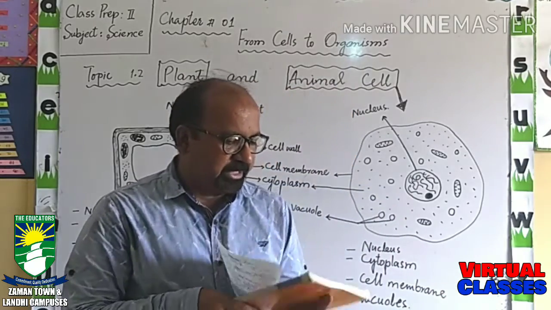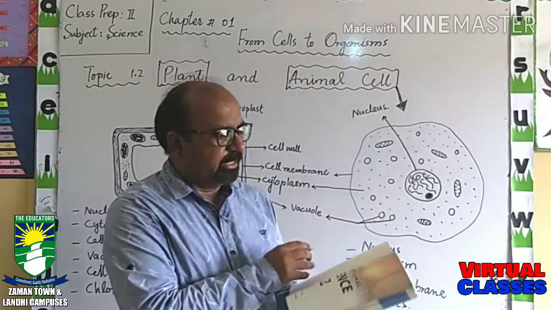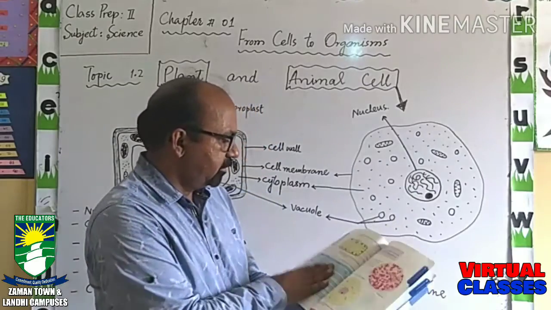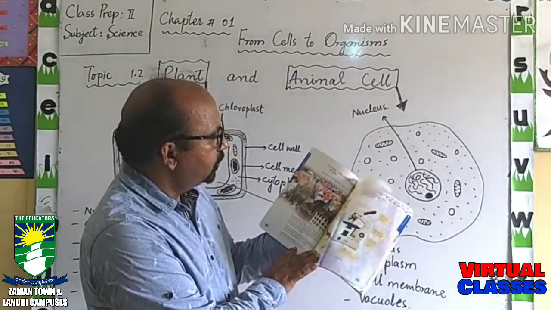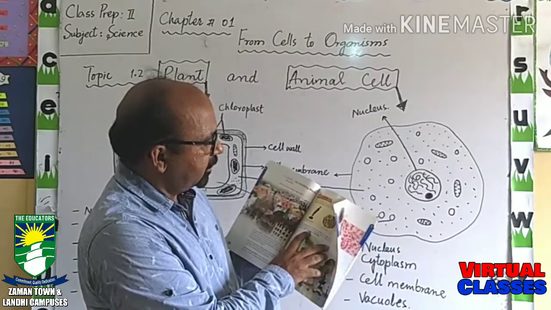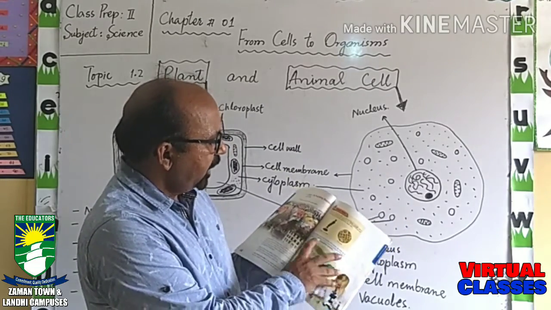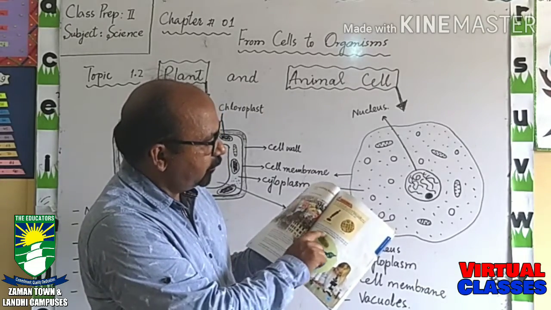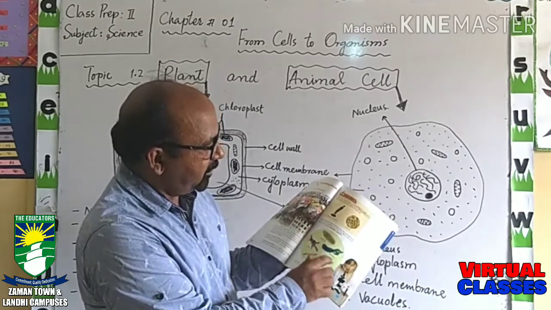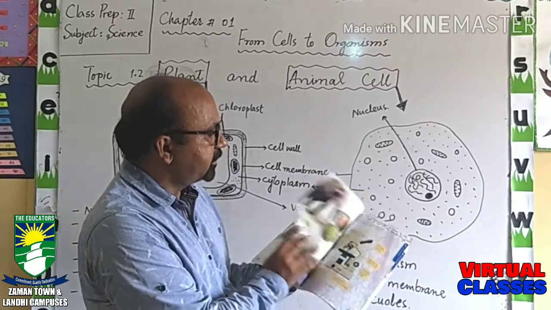The first definition is cell, and it is present on page number 2. The second definition is unicellular organism, and it is present on page number 3. Examples of unicellular organisms are paramecium, bacterium, amoeba, alga, yeast.